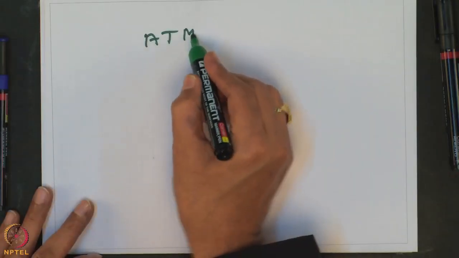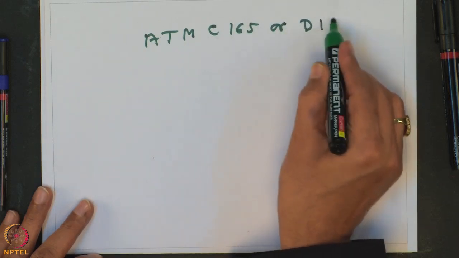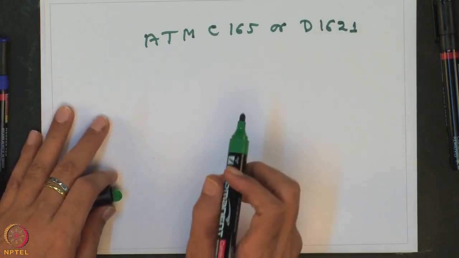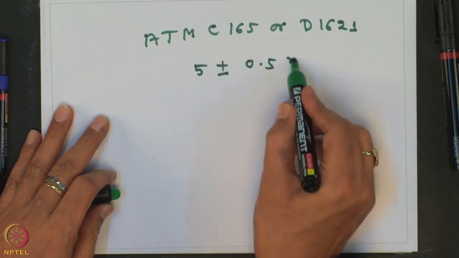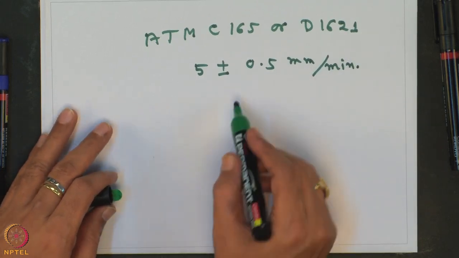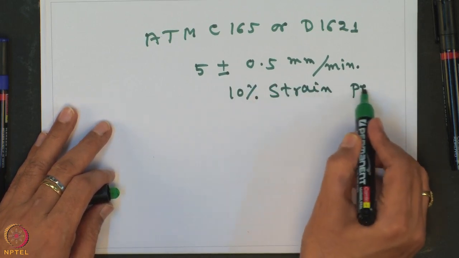Now, this geoform compressible inclusion you can also determine as per ASTM C165 or D1621, and the cross head movement will be 5 plus or minus 0.5 millimeter per minute, or you can say equivalent to 10% strain per minute.